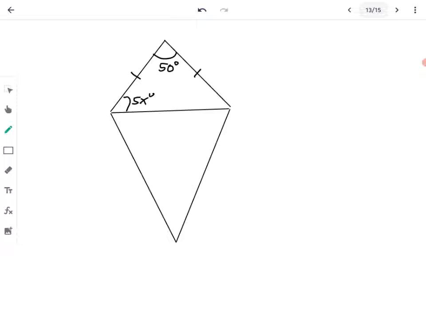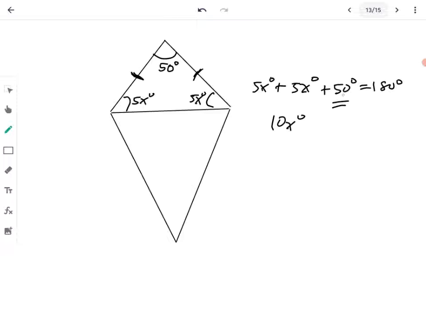Let's use that. Using the previous concept, this is also 5x because the opposite sides are equal. Since that is a triangle, you can say 5x degrees plus 5x degrees plus 50 degrees equals 180. Subtracting, this becomes 10x degrees.